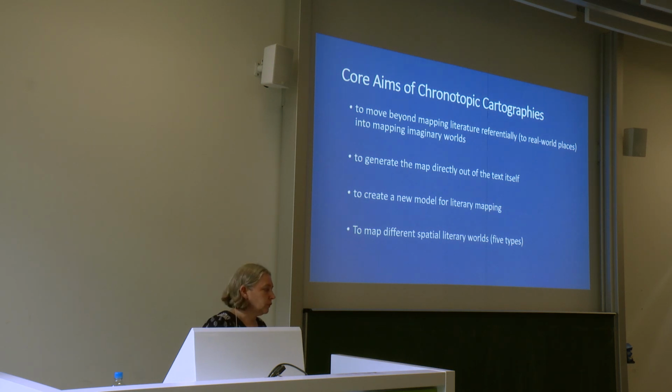And that had always seemed to me very problematic in various ways. So for one thing, that assumes a direct correspondence between the fictional, or the imaginary, and the real, which I have problems with. But also, that could never be a universal model because it couldn't cover the whole of literature. So it's flawed from the get-go.